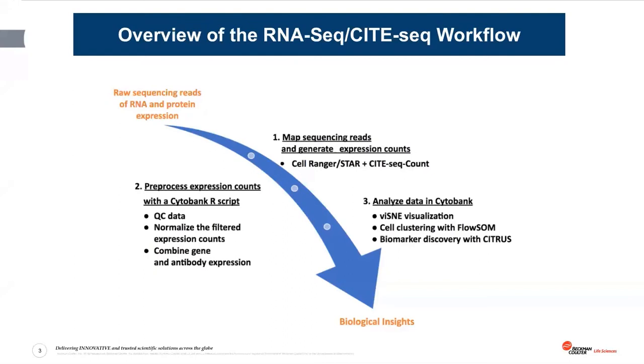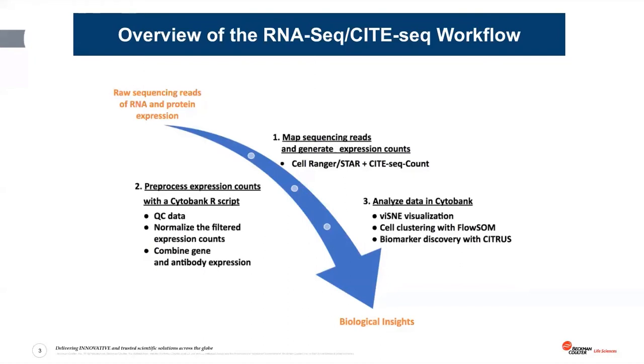In a nutshell, single-cell RNA-seq and CITE-seq data are very similar. You will often generate data using an Illumina sequencer, and these two technologies are both next generation sequencing based technologies, so you get digital signals rather than analog signals from your data.